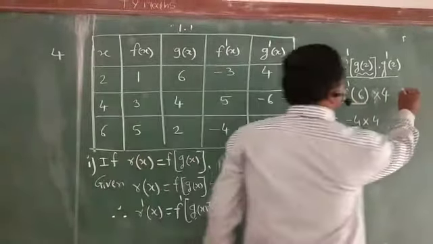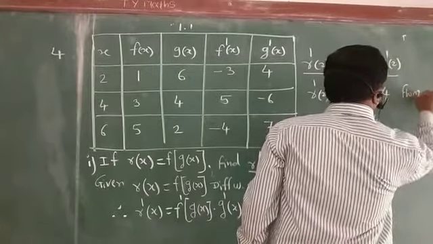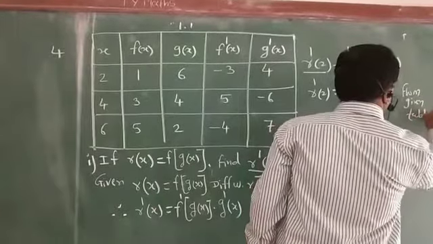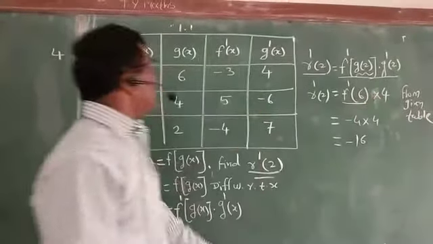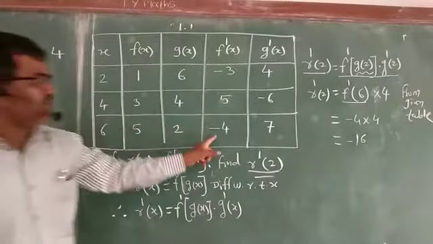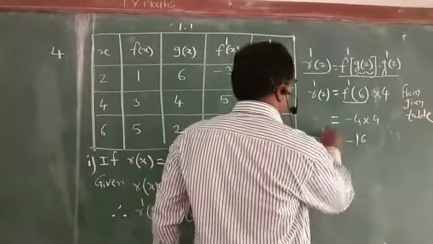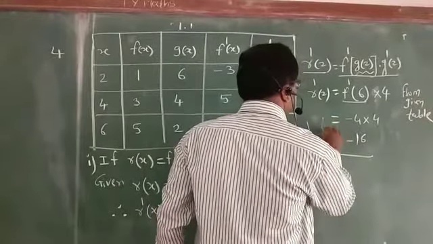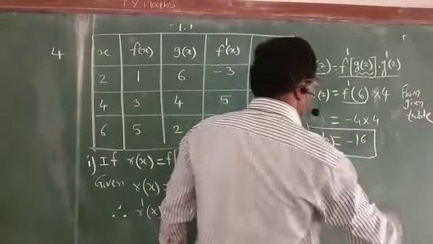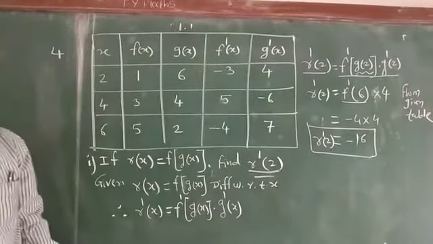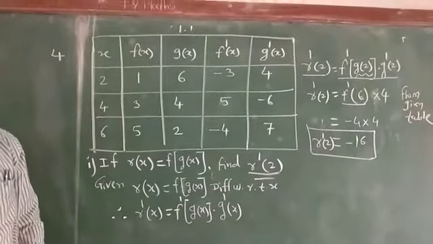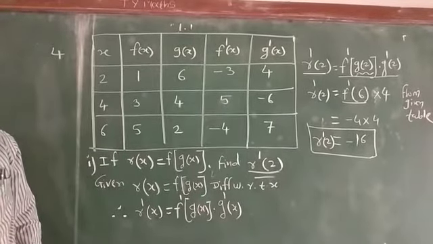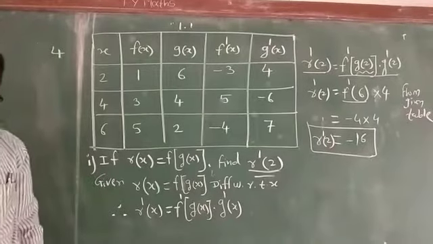Similarly, from given table, f dash 6 equal to minus 4, therefore r dash 2 equal to minus 16. R dash 2 equal to minus 16 is the answer of question number first.